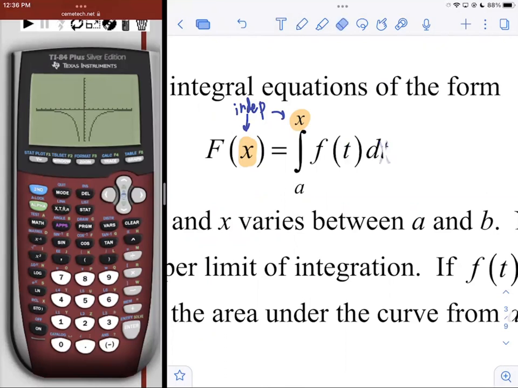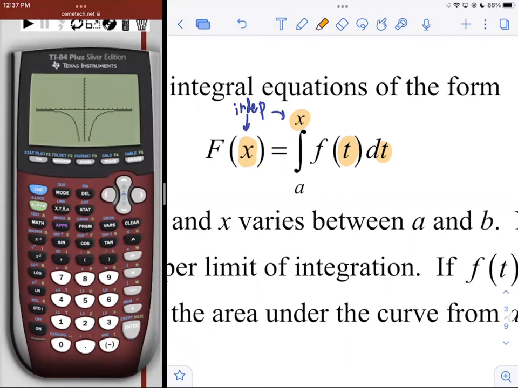We want to clearly define our independent variable to be the interval of integration. So remember that it doesn't matter what those are as long as they match. That could be f of a dA, f of p dp, f of q dq, whatever. We typically just change it to t, because we use t a lot for our independent variable when it comes to motion, right? So that's defining the antiderivative as a definite integral to be a function of x.